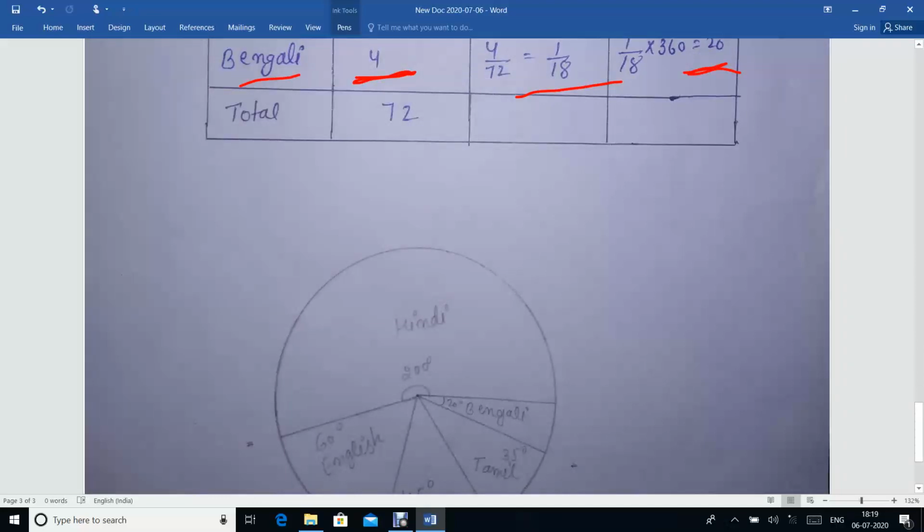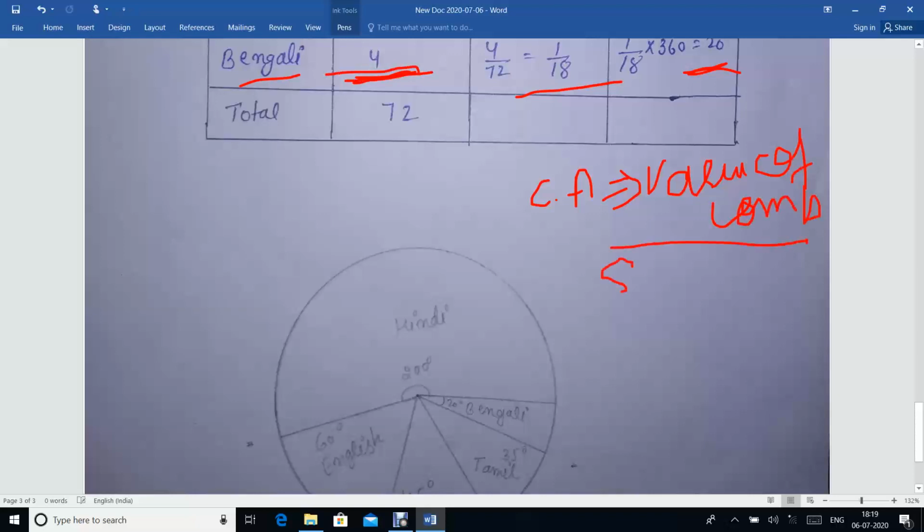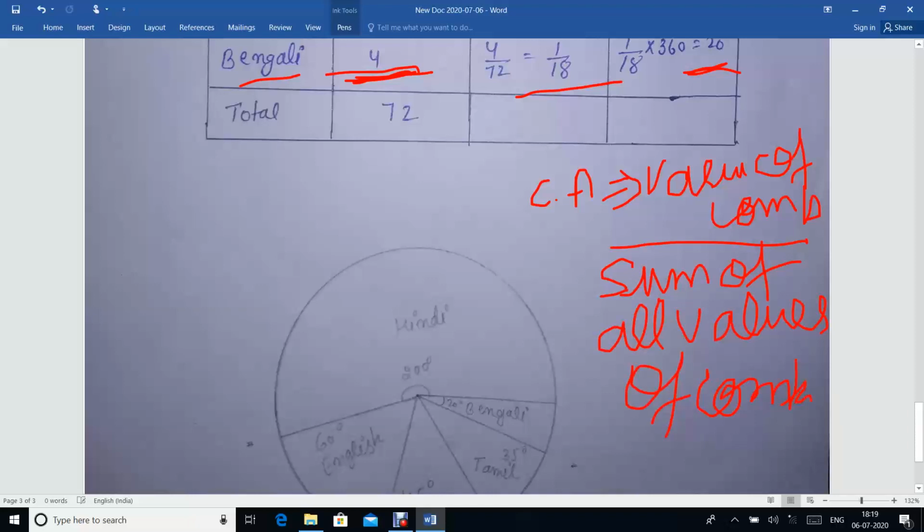There is one thing you have to keep in mind: if you want to find the central angle, then the formula for the central angle is value of component, means number of students, divided by the sum of all values of components, and multiplied by 360 degrees.